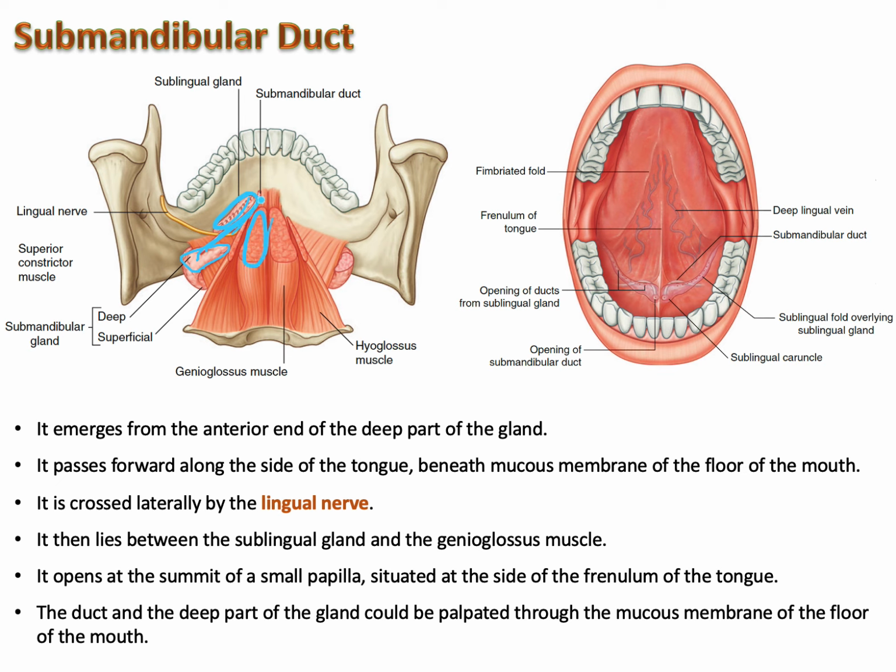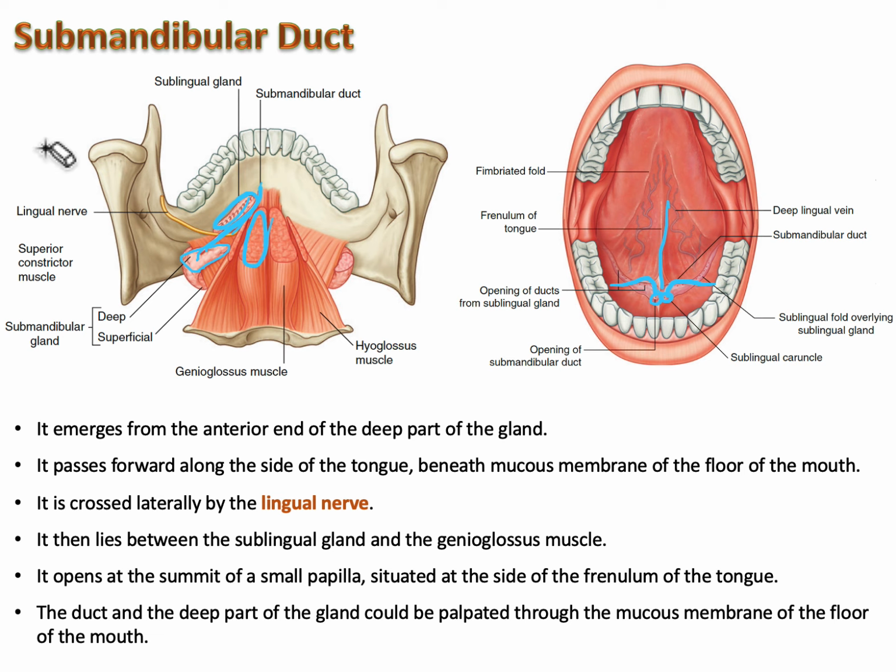It passes all the way to the front until, look at it here, they reach, because we have one on the right and one on the left, the frenulum of the tongue and open there with two openings of a submandibular duct.